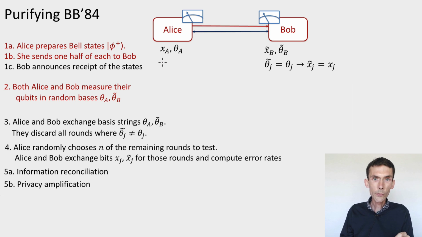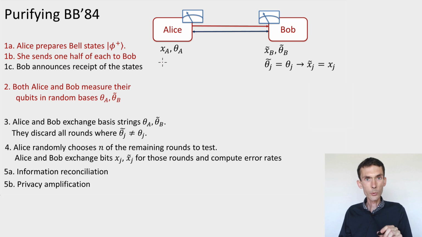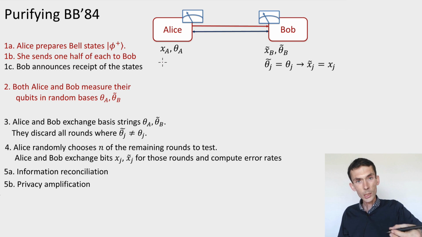So what is this purified form? We're going to get there in two steps. Let's start from the original BB84 protocol, but modify it in a couple of ways. The first modification that we're going to make is going to appear relatively benign. What we'll say is that instead of Alice preparing BB84 states directly, she'll do it in two steps. The first thing that she'll do is prepare EPR pairs, as many as she wanted BB84 states.